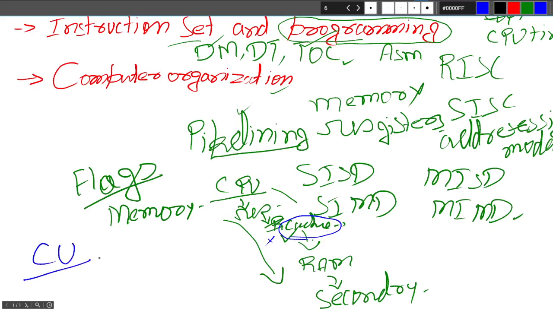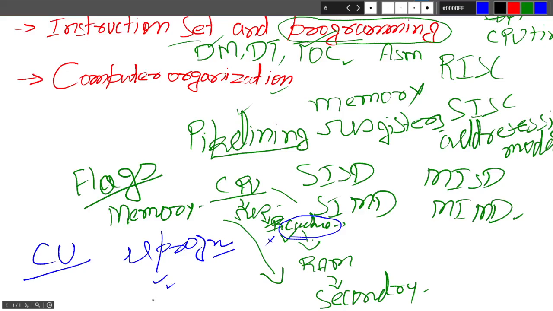In this control unit, how it is organized, basically how the signals are generated by the control unit to the processors. Different kinds of micro instructions, micro signals I should say, are generated, and for this micro programs can be written. Also, certain pins are enabled or disabled based on these particular micro instructions.